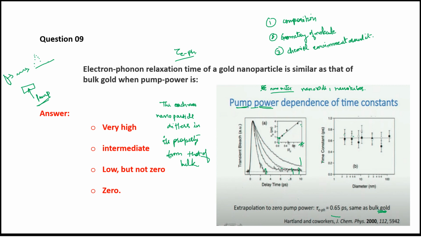So the answer to this question is: the electron phonon relaxation time of gold nanoparticle is similar to that of bulk gold when the pump power is zero. Now, if you have any doubt in this question, just ask, or else we'll go to the next question.